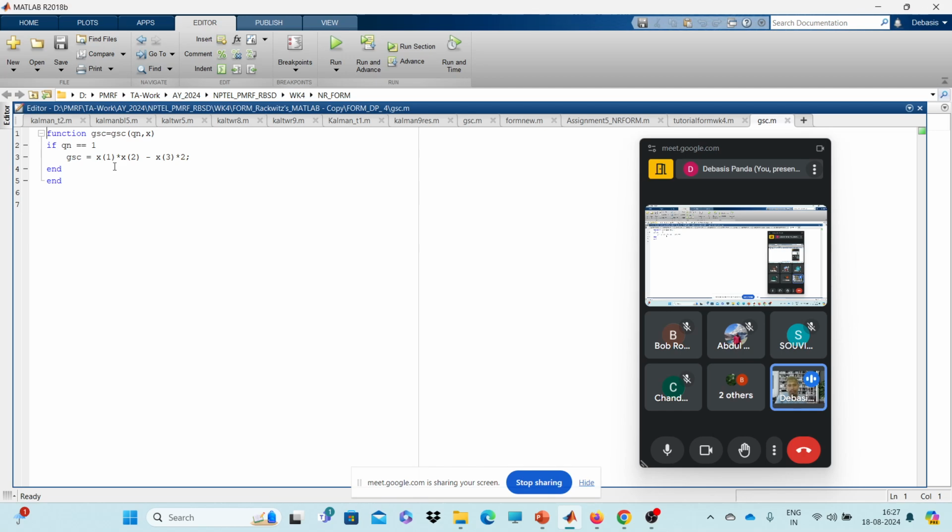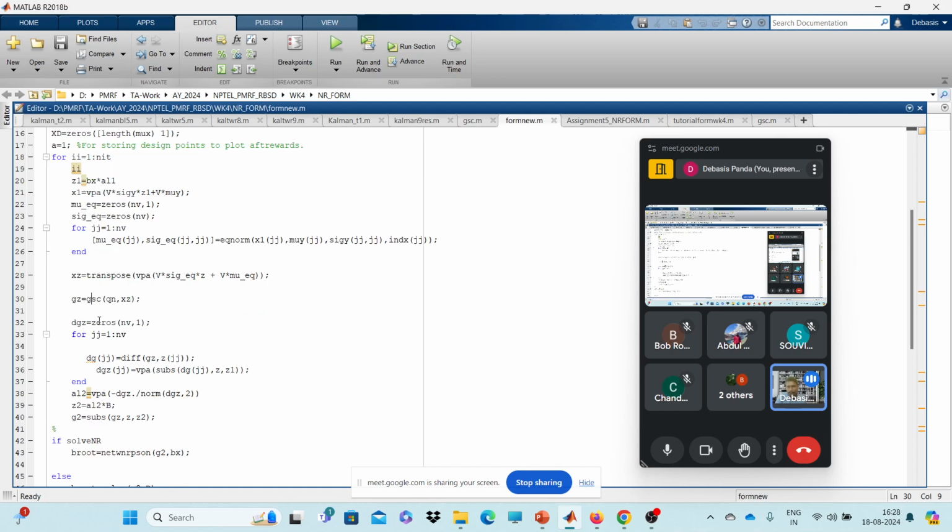There were random variables x1 and x2 minus x3, so our limit state g of x is equal to x1 x2 minus x3. I put that limit state in a separate file so that I can call it when we need it. In the step where we convert that limit state into g of z, I am calling that gsc, giving the input as question number and xz, as we will see when we call the function.